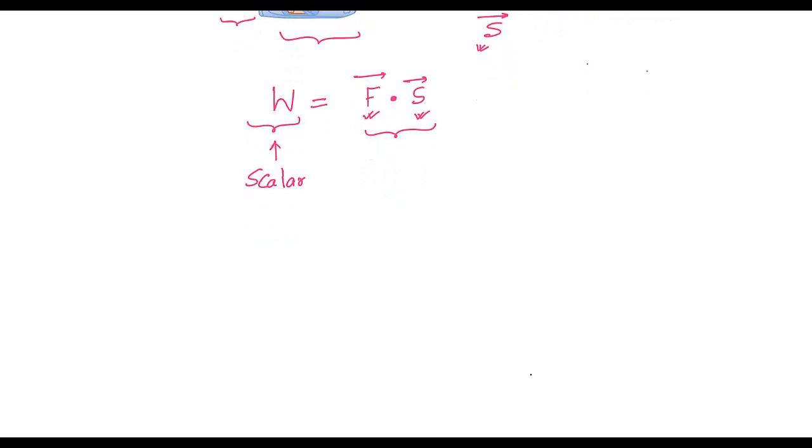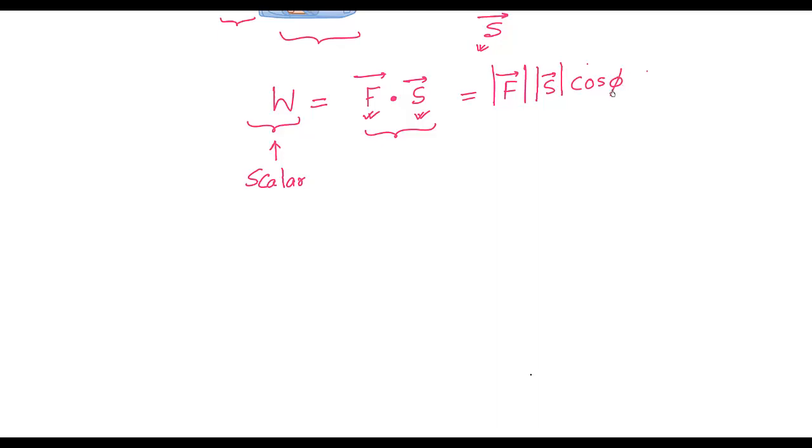If you remember, we can also write this F dot S using the vector formula. In vectors you might have studied this: F dot S is simply the magnitude of F multiplied by the magnitude of S multiplied by the cosine of the angle between them, that is cos phi.